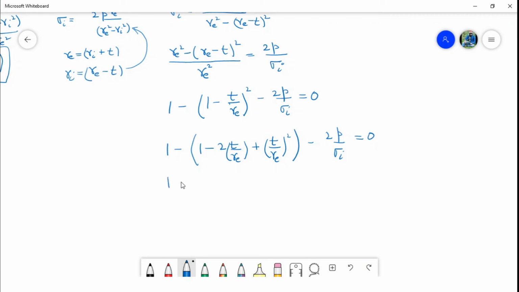So this will be 1 minus 1 plus 2t over Re minus (t over Re) whole square minus 2P over sigma I equals 0.